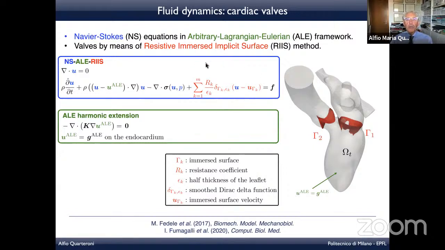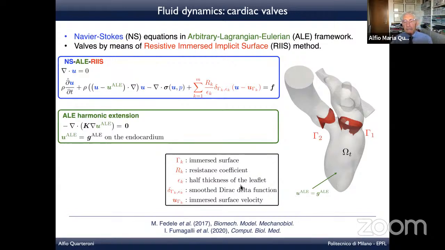We have this extra term, which is a kind of extra source term, and it depends on several quantities. First of all, gamma K is the actual surface of the valves. What you see here, gamma 2 is the aortic valve. Gamma 1 is the mitral valve. RK is a coefficient that expresses the resistance that the valve opposes to the fluid flow.